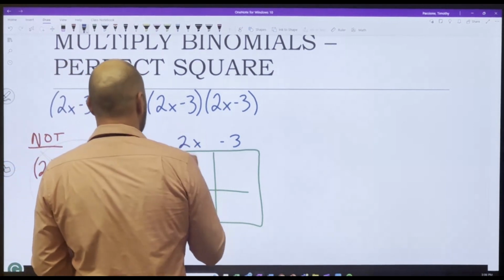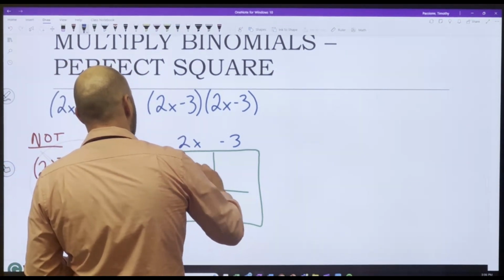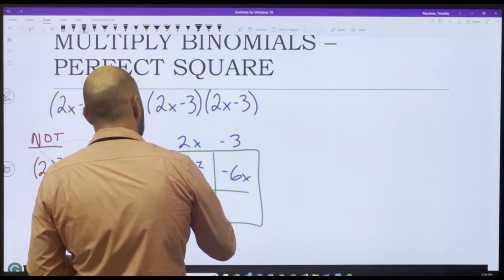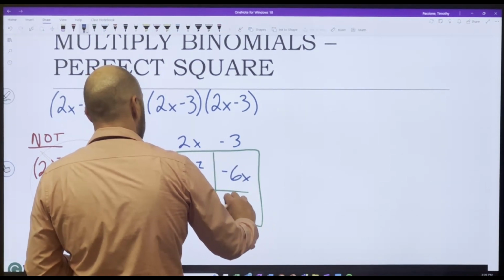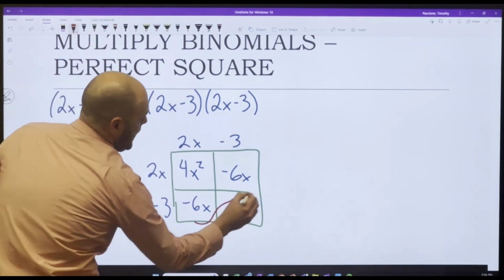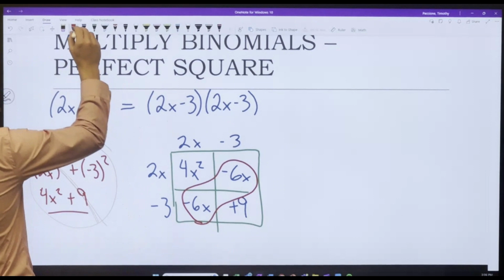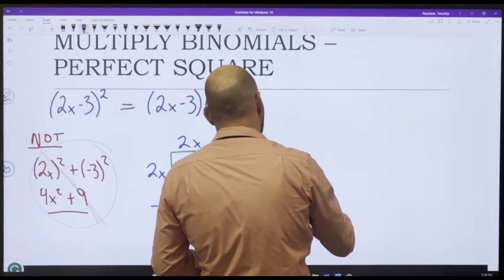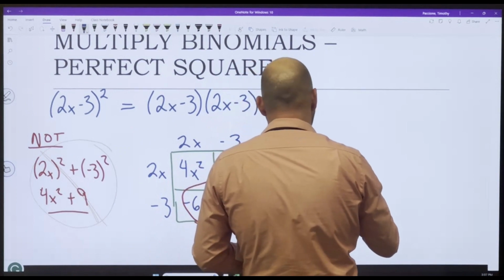That does exist. All right, so if I go through this, I get 4x squared. This is minus 6x. This is minus 6x, and this is plus 9. If I use my little diagonal thing, the two minus 6x together give me 4x squared minus 12x plus 9.